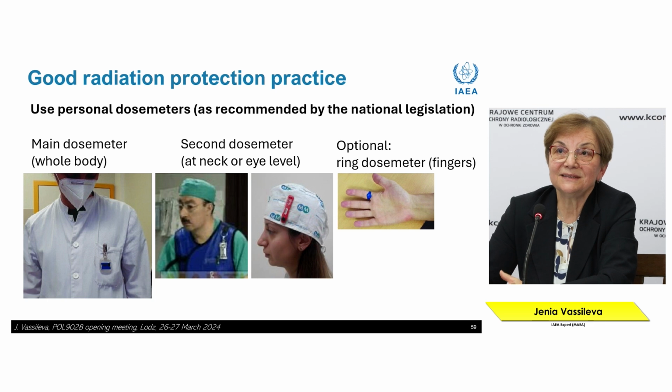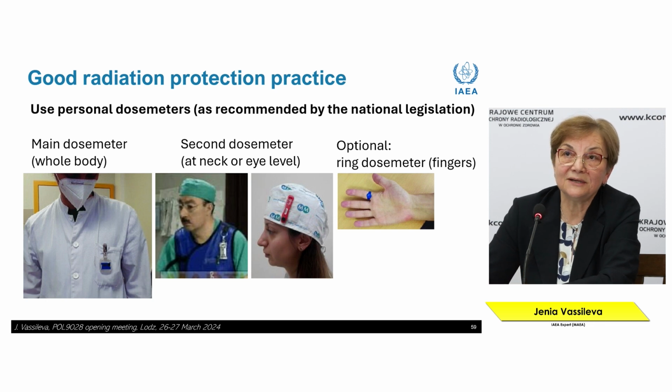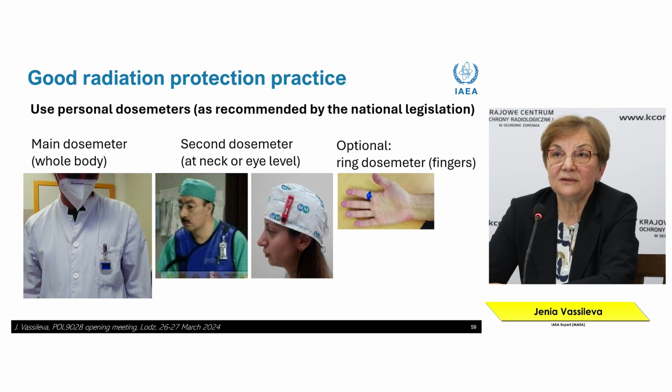Dosimeters, I mentioned this in my comment to the previous talk. Two dosimeters is the best recommended way, but of course it depends on national legislation and availability. Normally, the ring dosimeter for the fingers is just optional.